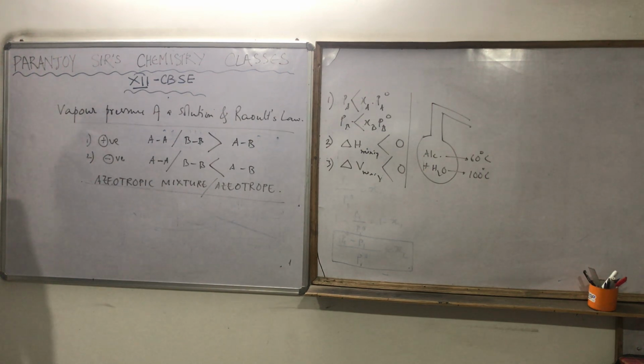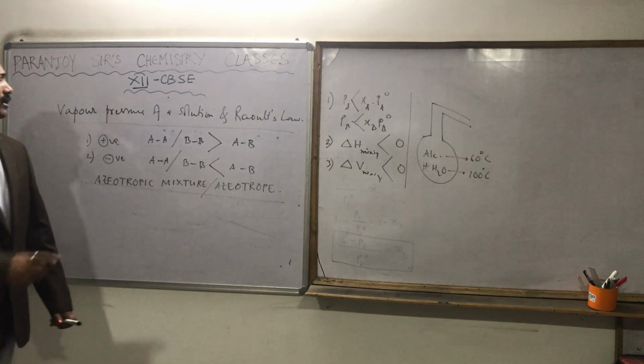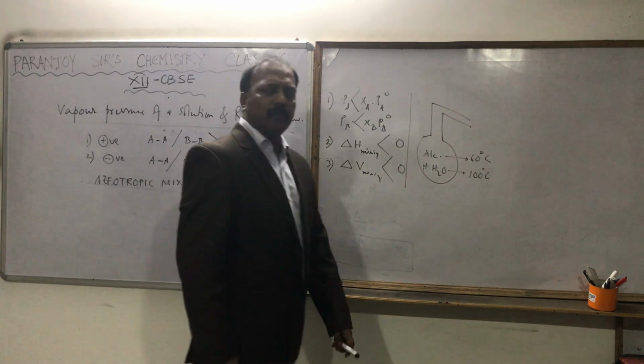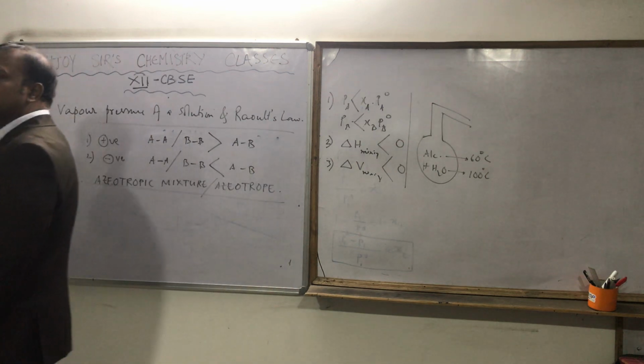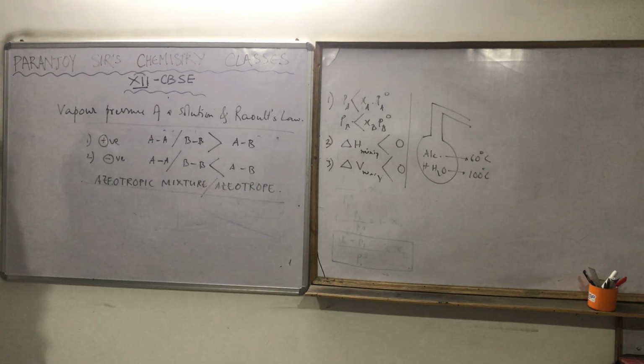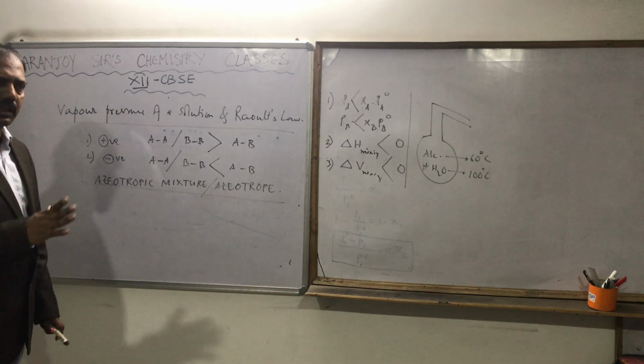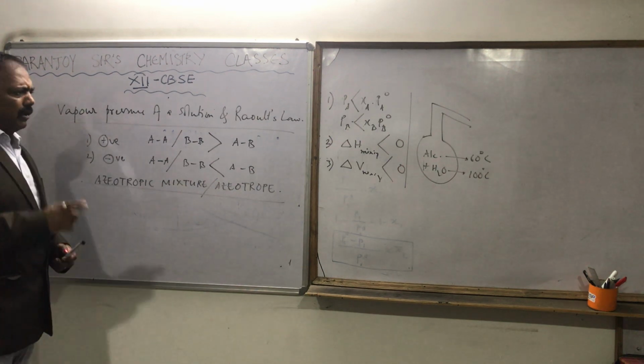It is neither boiling at one component's boiling point nor the other component's boiling point. It has a boiling point either less than the boiling point of both or greater than both.